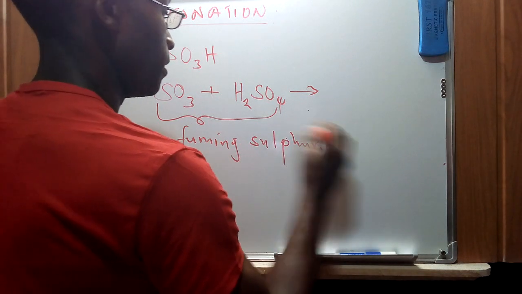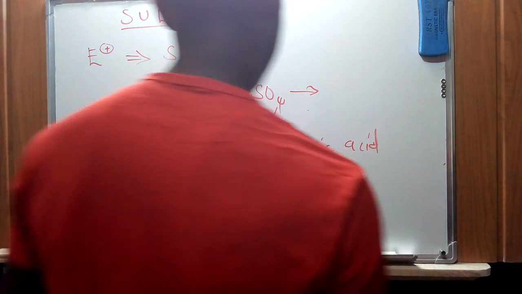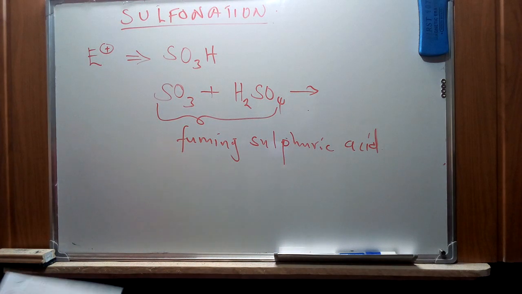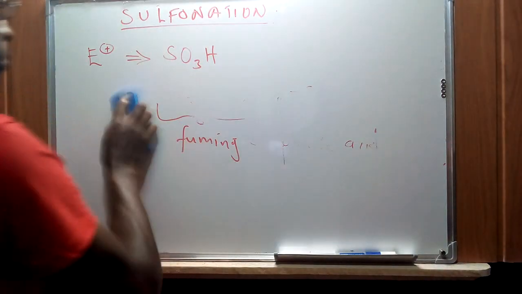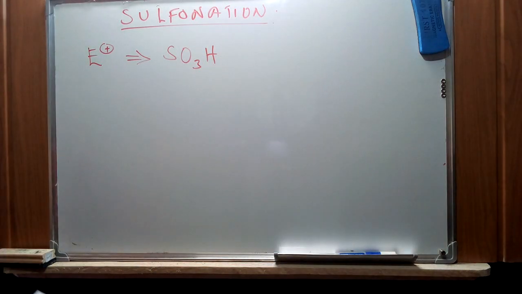Sometimes sulfuric acid is written using that name, but it implies the same thing, and I may use them interchangeably. So this is sulfuric acid, written like that. This mixture forms the condition for our electrophile that I've written on the board.